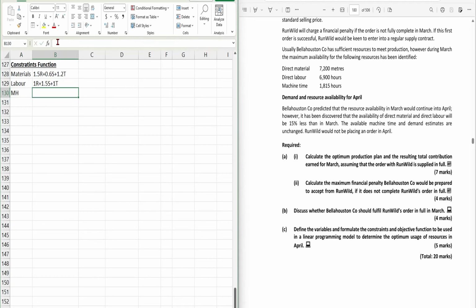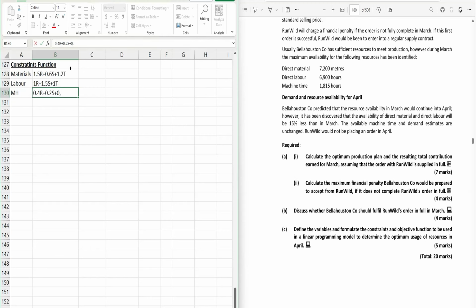And for machine hours we have 0.4R plus 0.2S plus 0.3T. One more thing that you need to define is that the value of R, S and T should be greater than or equal to 0. It can't be negative, right?